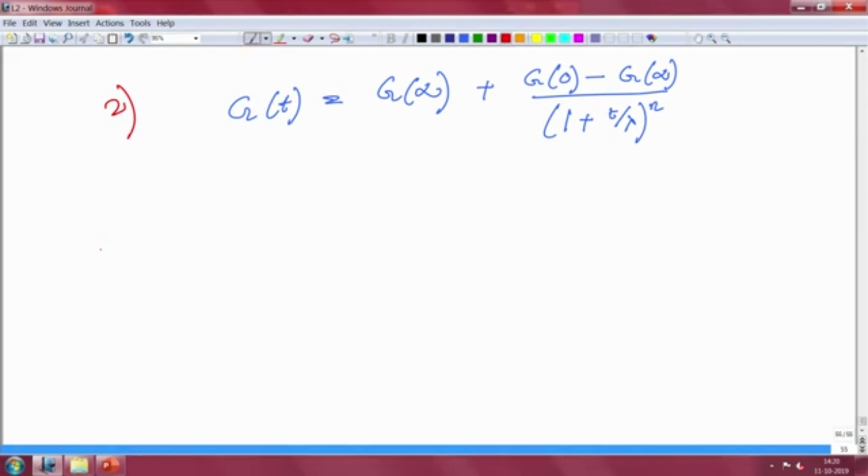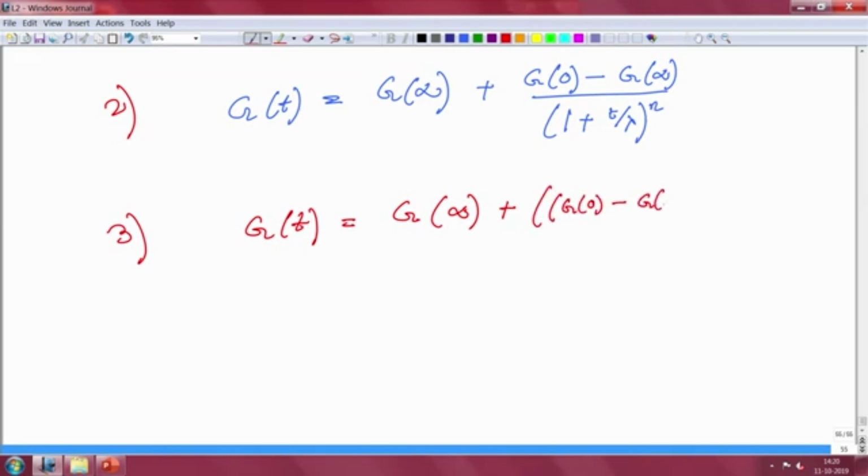Another possibility is this: g infinity plus g of 0 minus g of infinity, times e to the power minus t by lambda to some alpha.